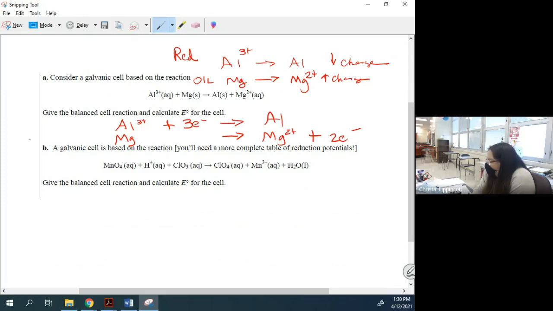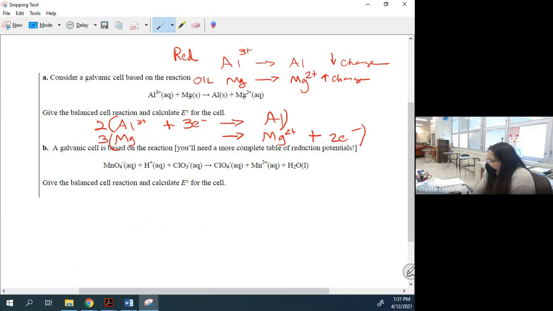What's the least common multiple between 2 and 3? 6. So I need to multiply this by what to get this to 6? 2. And I need to multiply this by what to get this to 6?